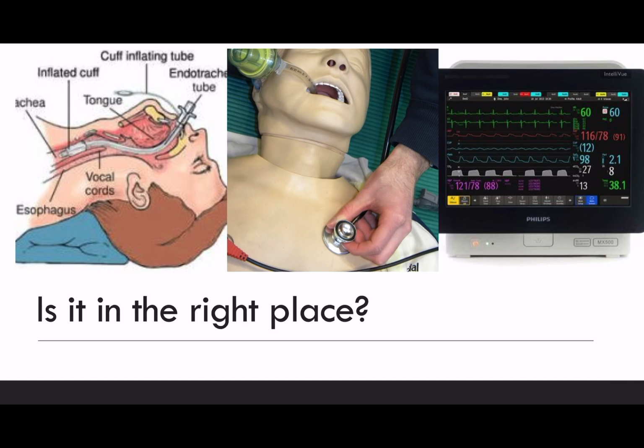Similarly, if you've got a right main bronchus intubation, an endobronchial intubation, you will not hear great air entry, and the most sensitive place to hear that is in the armpit on the left side. So listen in all quadrants as you would normally do, but pay particular attention to the armpits on both sides. If you hear quiet air entry, it might mean that the tube is in too far, or it could be relating to the underlying pathology that the patient was intubated for.